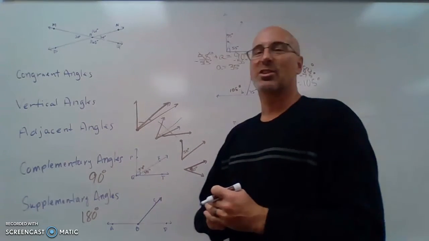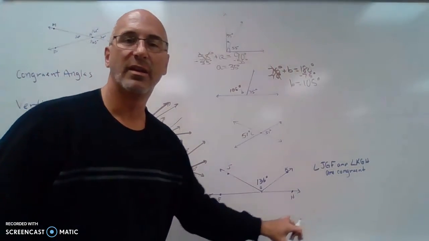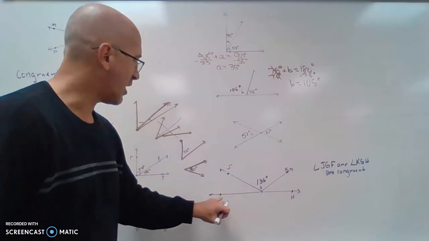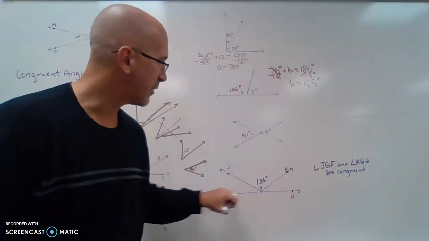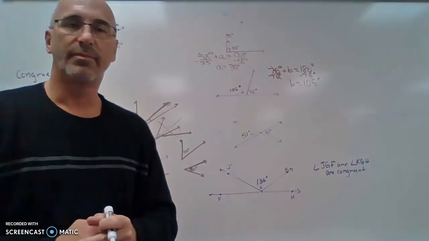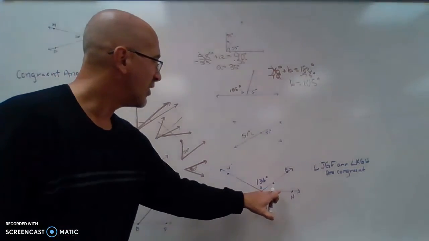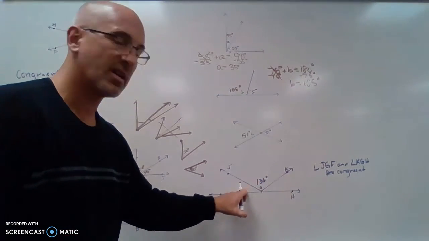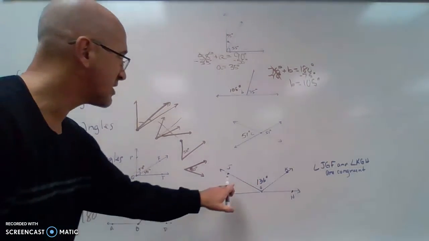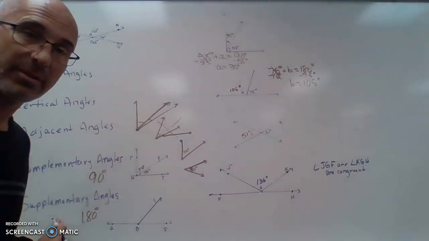All right, let's look at this final one. We have a little bit more complicated diagram. We have a line here, line FH, okay? And then we have two rays that are coming out. So we know that since this is a line, this whole measure is 180 degrees. All three of these angles are supplementary.